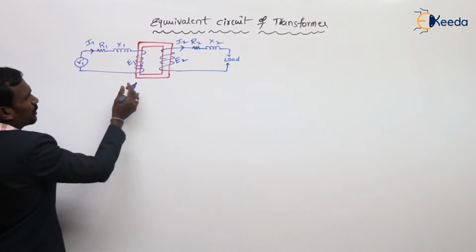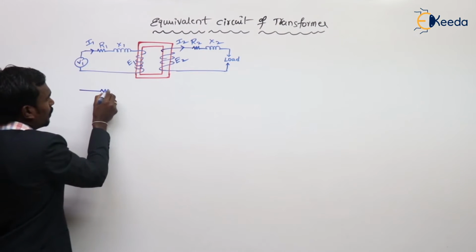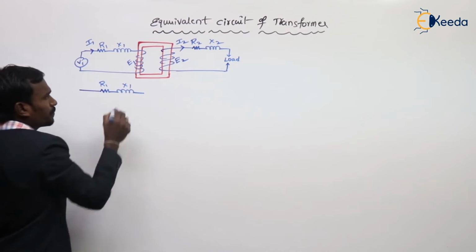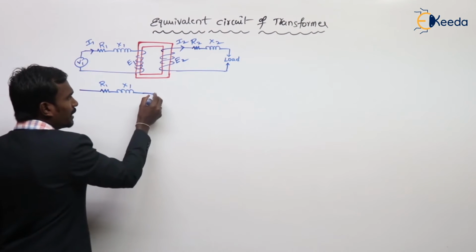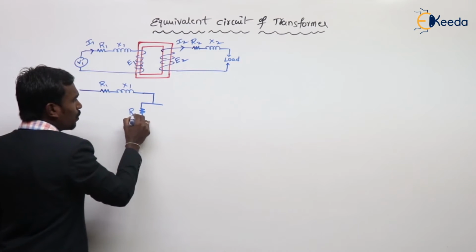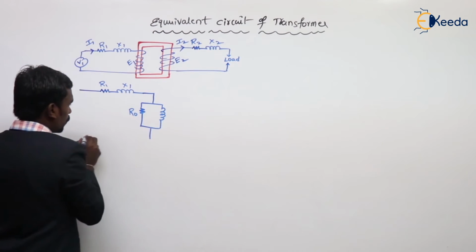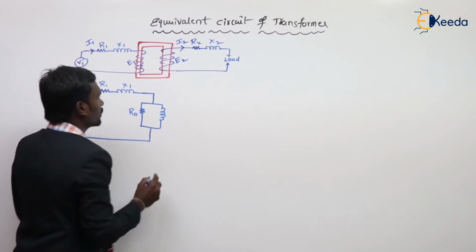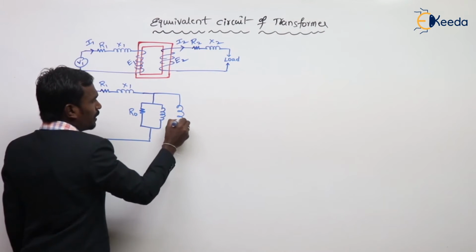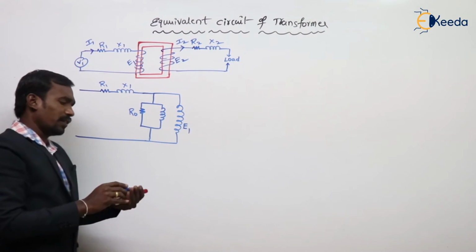Its circuits are, in general, R1, X1 in the primary, and here we have a core. This is the core equivalent circuit we saw already. And the primary EMF is represented here, for example, this is the primary EMF E1.